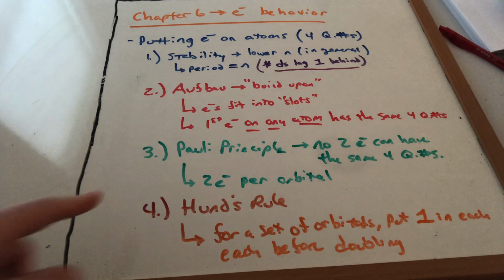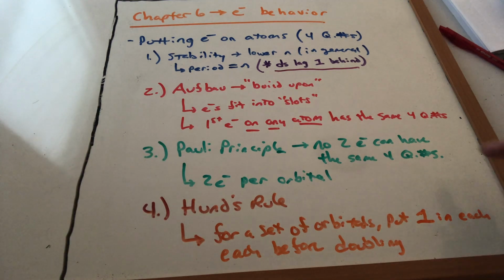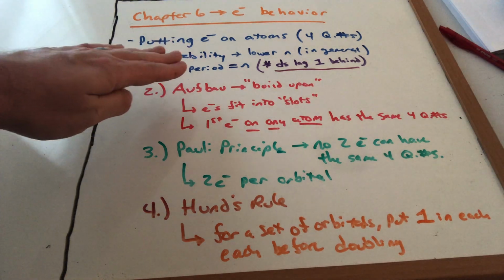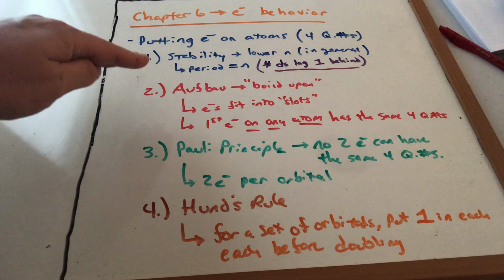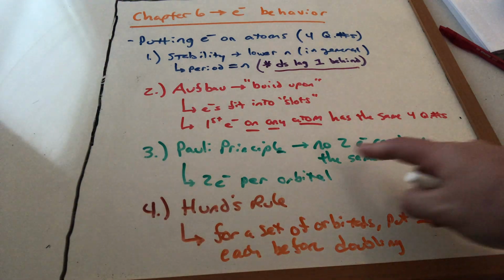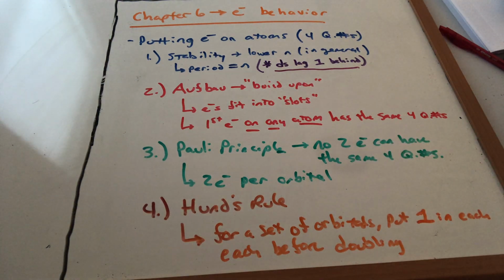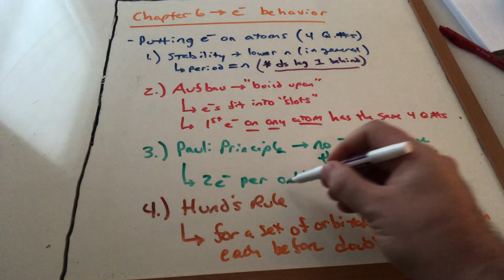The next idea is the Pauli principle, which is that no 2 electrons can have the same 4 quantum numbers, which makes sense because if electrons fit into slots, then there's only 1 electron per slot. That amounts to 2 electrons per orbital.